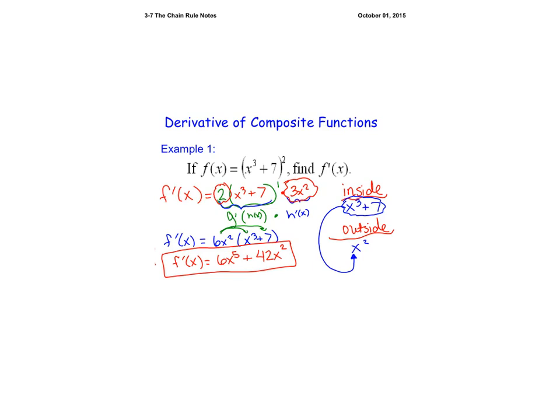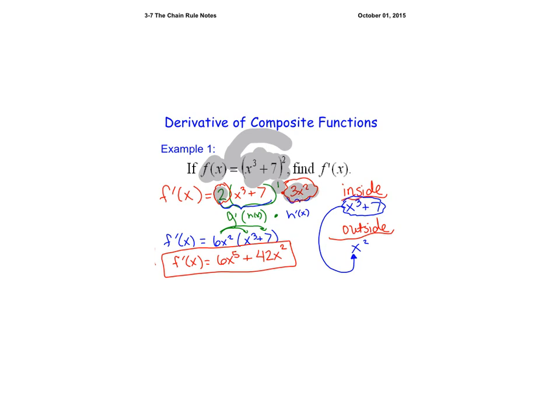So here's an example. We have this derivative right here. The outside function will be x squared. So you would take the 2, bring it up top, which we did right here. And then we would multiply by the derivative of the inside function, which will be 3x squared. And that's why we multiplied by 3x squared.